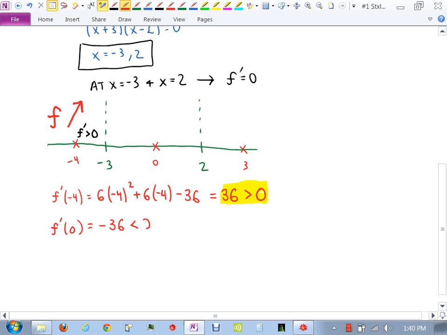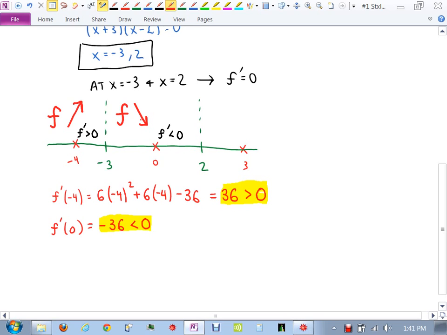Which is less than 0, which means we have a negative number. If the derivative is negative, what does that tell me about f? Not concave, we're at the first derivative. It's decreasing. So my function went up and then it's coming down, right?